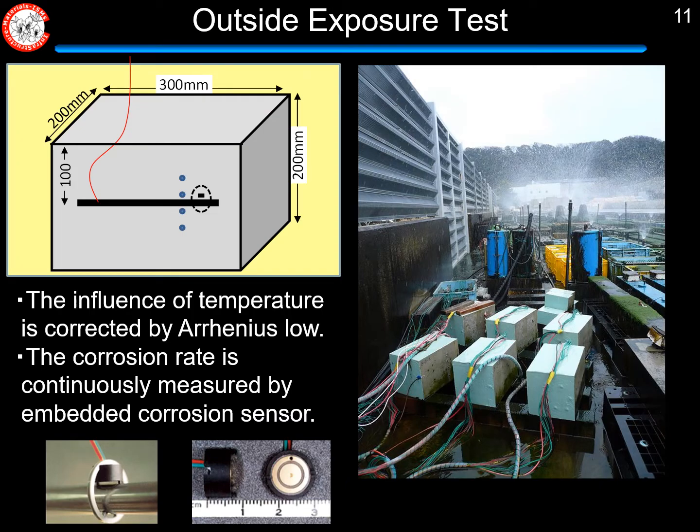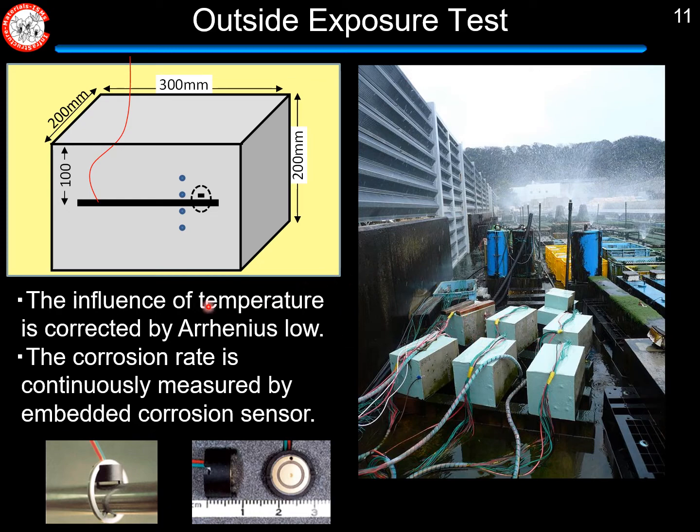To verify the laboratory test, we also conducted the outside exposure test. The type 2 specimens were exposed to a seawater sprayed situation like this, and we monitored the specific resistivity of concrete from the surface.